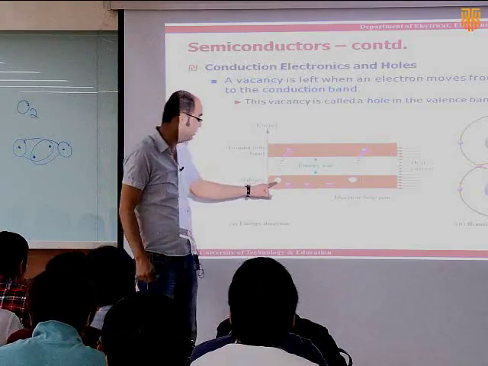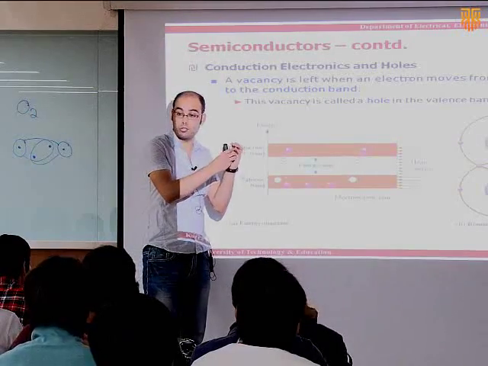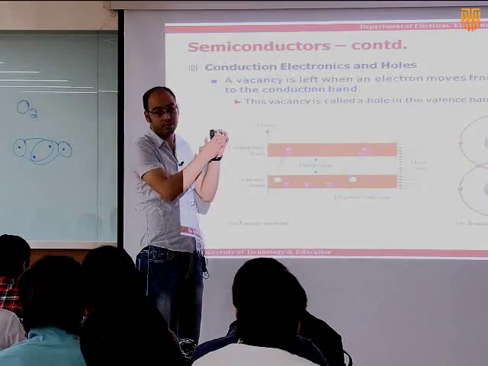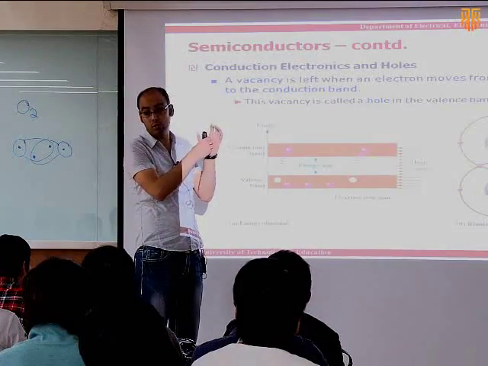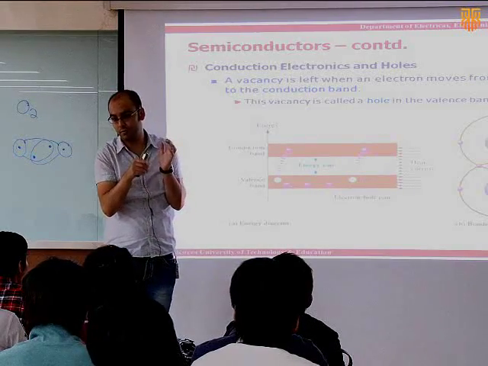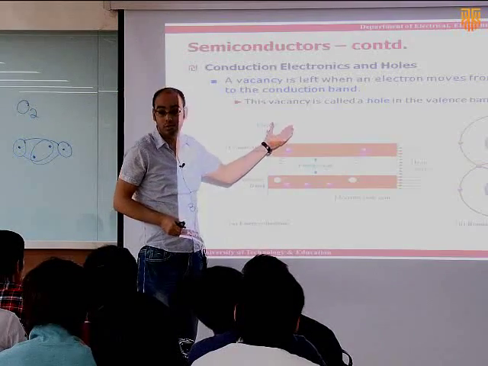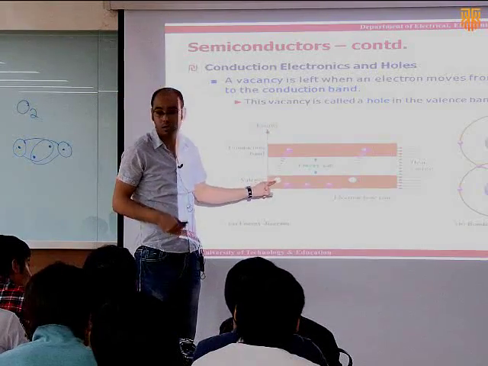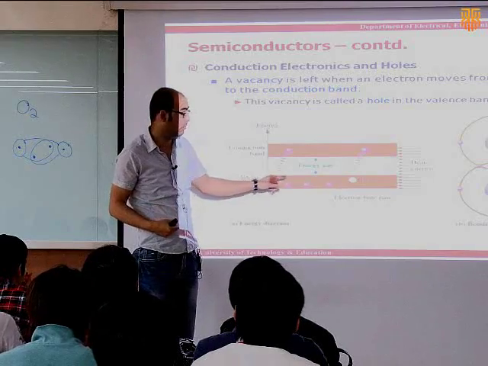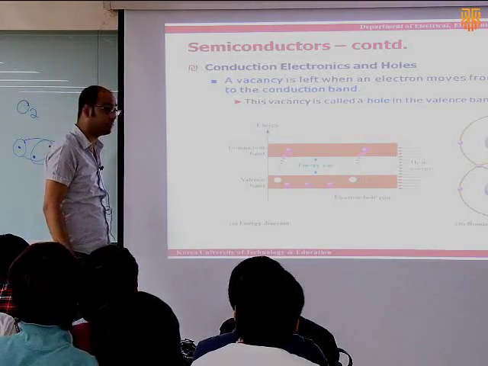The electron was there, and it left this place. This place we call a hole. It is positive, because some negative went out, so this part we call a positive hole.